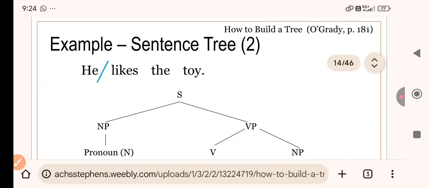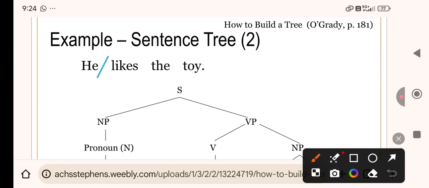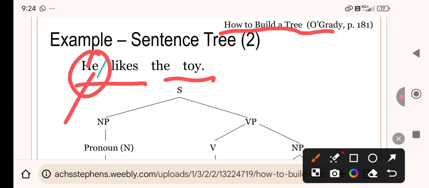Then moving to the next, how to build a tree from a sentence. The upper five which we discussed were phrases. Now this is a sentence: he likes the boy. Here he is the subject, and likes the boy is the predicate.